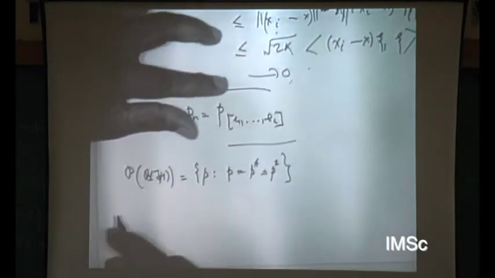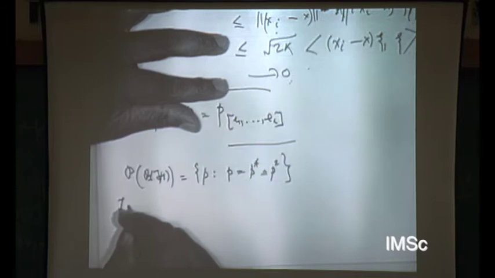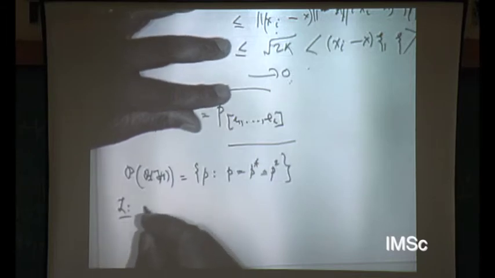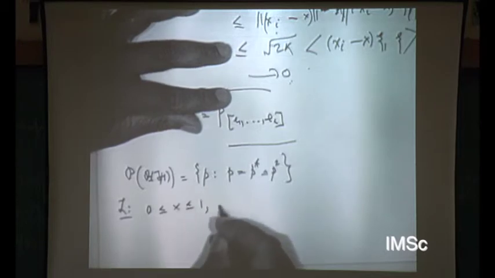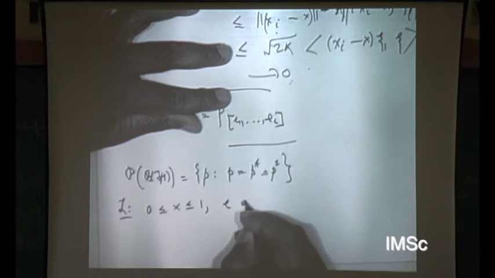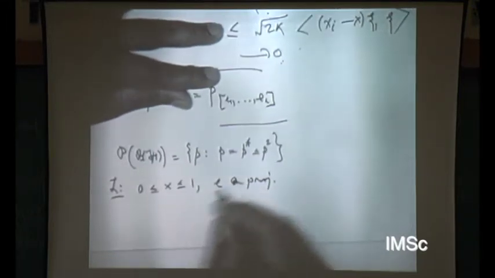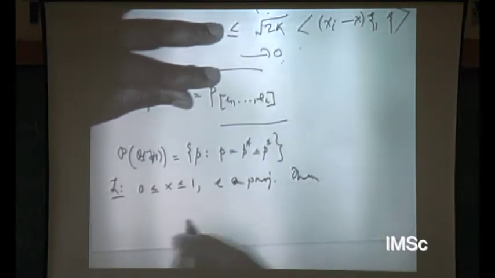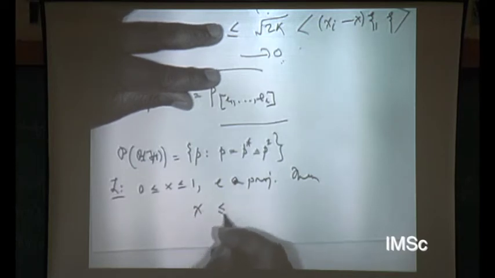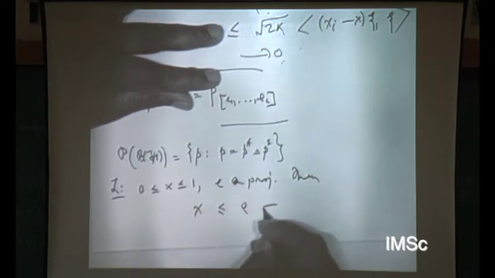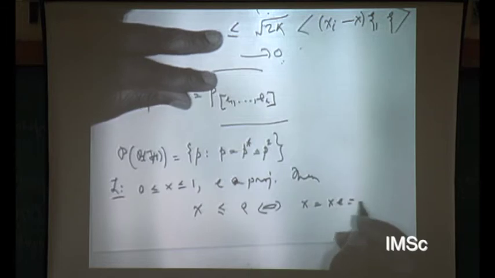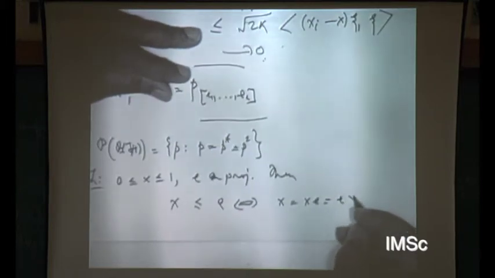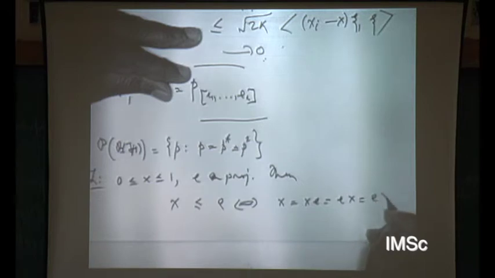Okay, so there's a little lemma here. Suppose 0 is less than or equal to x, which is less than or equal to 1, and E is a projection. The assertion is then x is less than or equal to E if and only if x equals xE equals Ex equals ExE.